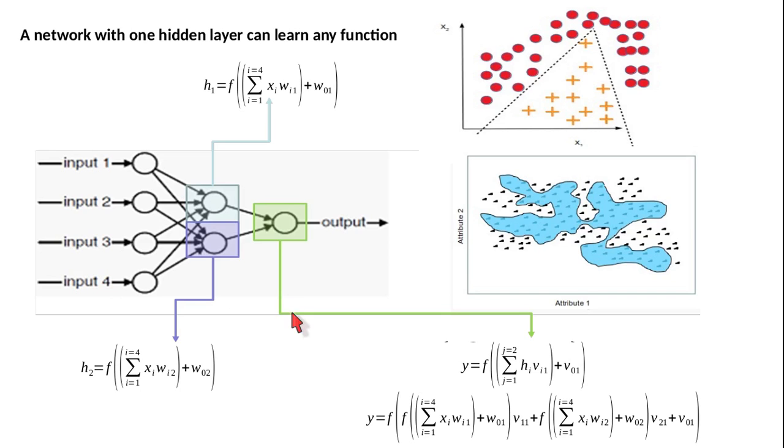This layering allows the output to represent a very complex combination of the input values. And this complex combination allows us to represent arbitrary surfaces which can separate different kinds of distributions of data. So even highly complex distributions of data can be represented by the neural network having 3 layers.